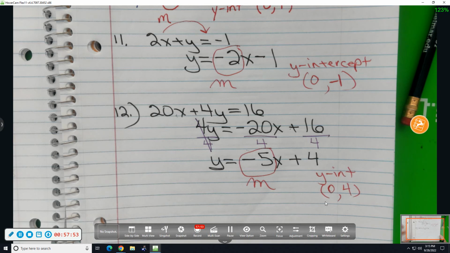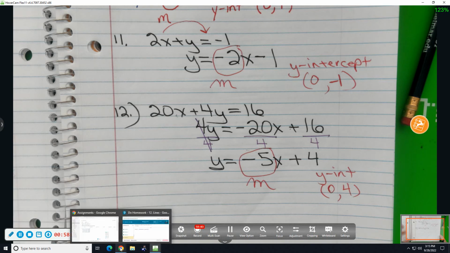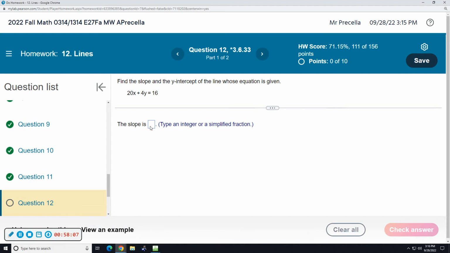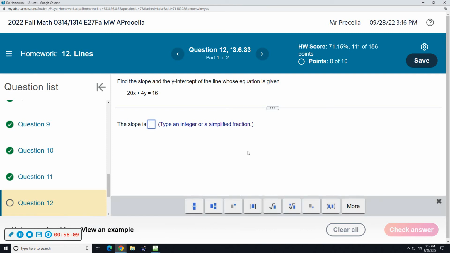We used to just say the y-intercept is 4. Intercepts were defined as numbers, not ordered pairs. But then someone decided, going through the 80s, that it would help students if they wrote them as ordered pairs. What it actually did was they started missing it more because they forgot to write it as ordered pairs.